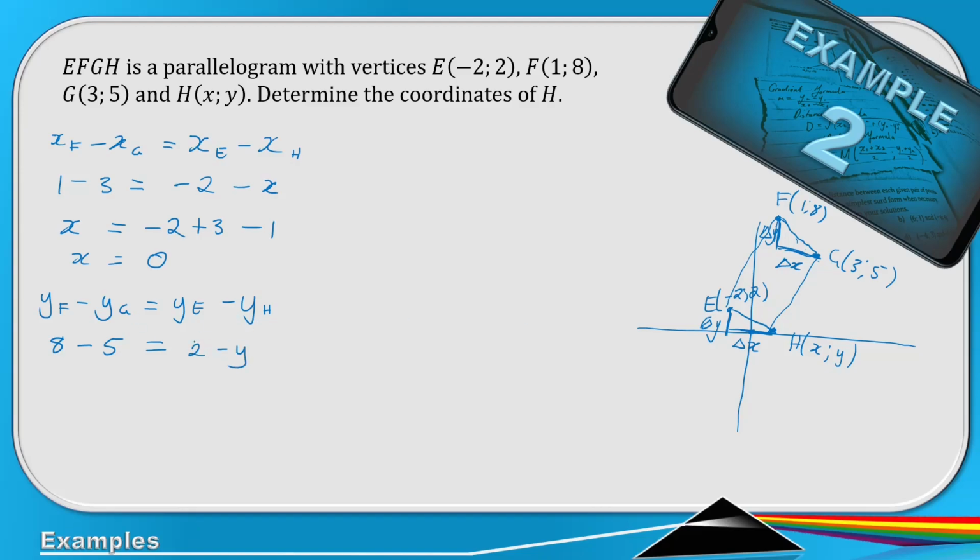And then we just solve for y. Very easy linear equation. So y goes over to the left-hand side, and our constants come over to the right-hand side, changing sign. And then we have 2 minus 8, which is negative 6, and then plus 5, which is then negative 1. So y is negative 1. Right, and that is our coordinate.